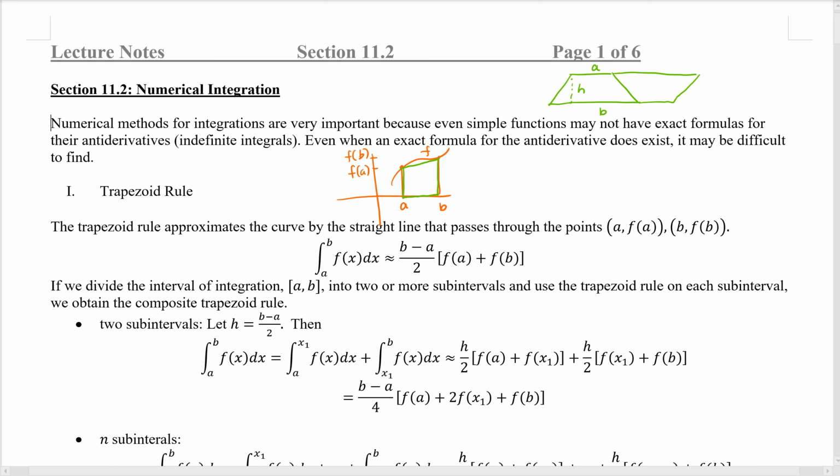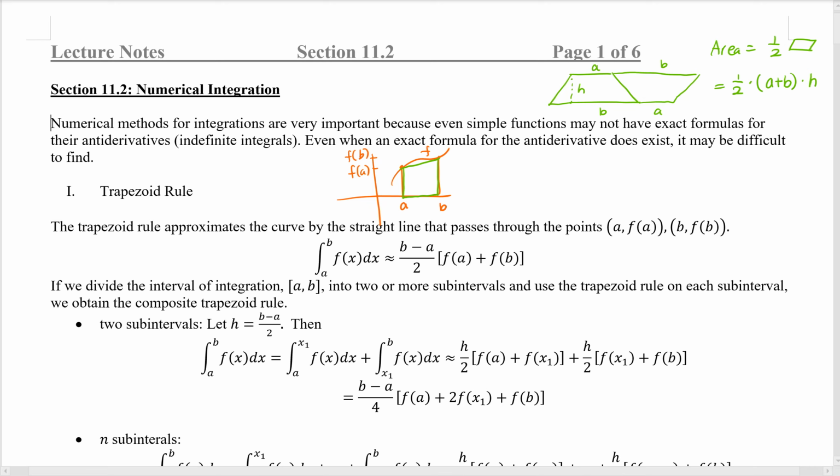Now we get a parallelogram, and this is a, this is b. What is the area of a parallelogram? It's base times height. But our trapezoid is half of this parallelogram, so it's half of the base, where the base is now a plus b, and the height is h. So far, so good, everybody?